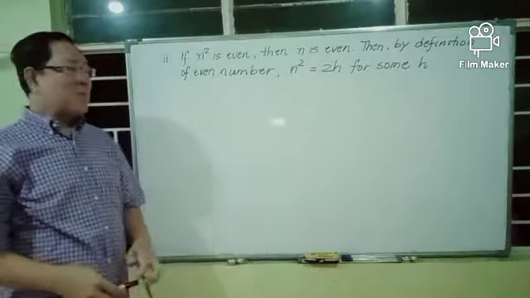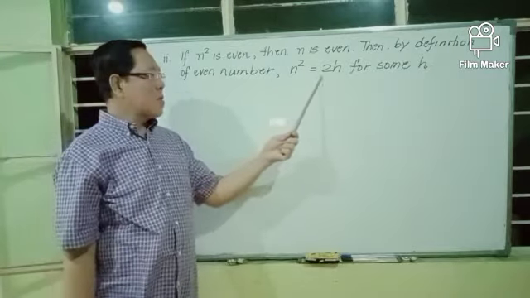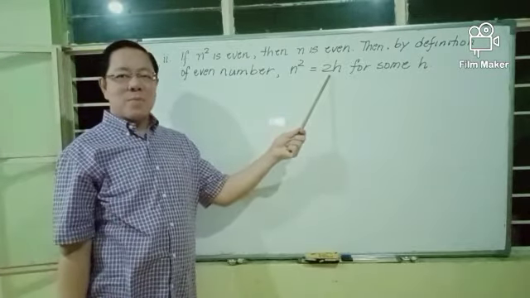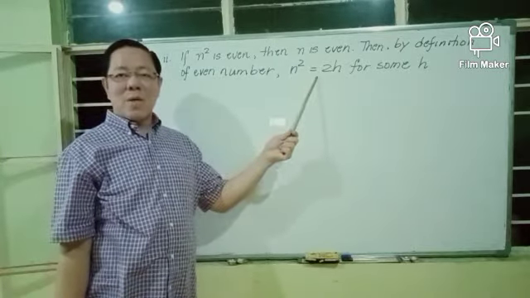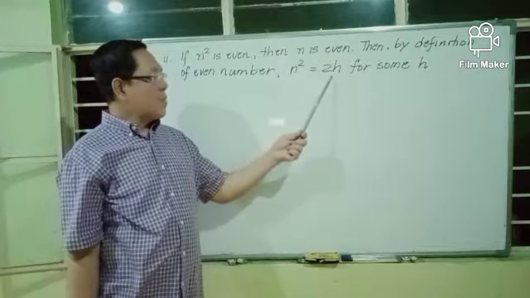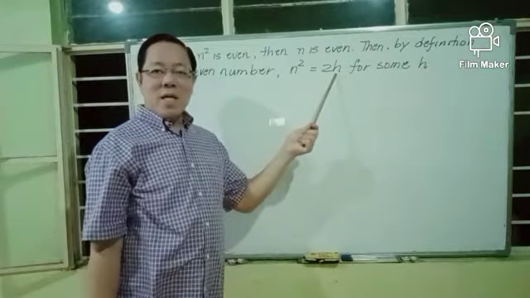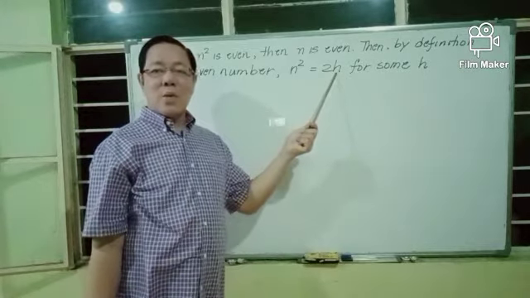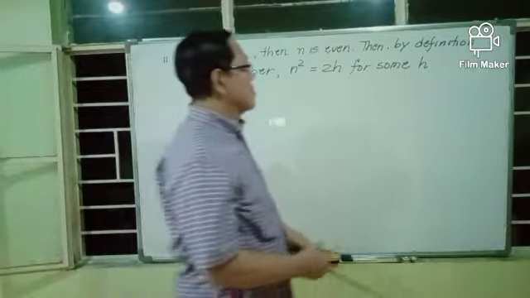By definition of even number, we can write n squared equals 2 times some integer h. And this must be true because we are given that n squared is an even number. In particular, I will take h as an integer equal to 2 times k squared.